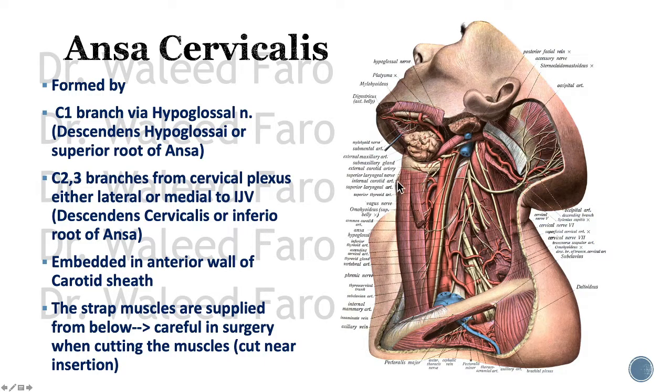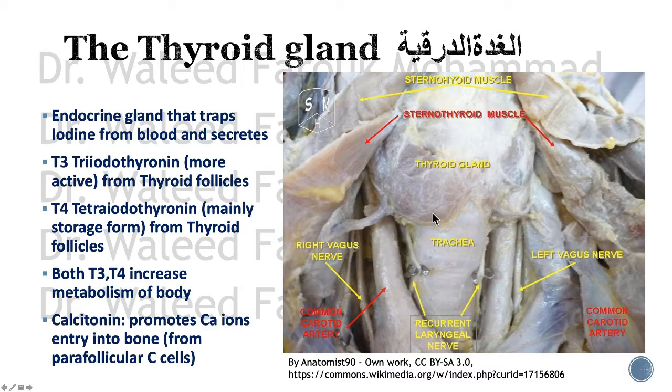Cut them high up as much as possible to preserve their nerve supply so as not to get paralyzed. These are essential muscles for the movement of the larynx. Okay, this is a surgical note about these muscles.